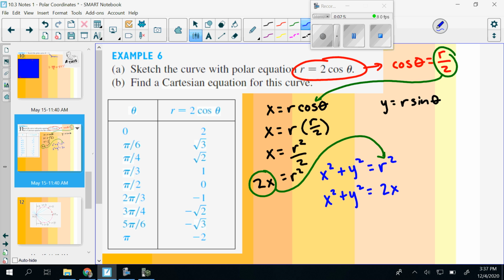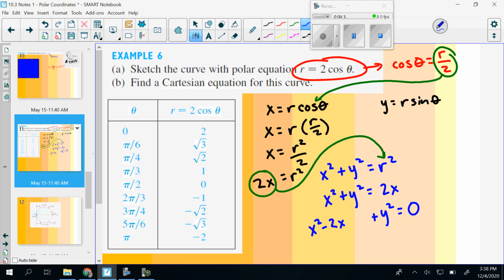So next thing we're going to do is move this around a little bit. We're going to bring that 2x over to the same side as the other stuff. So now I'm going to write it as x squared minus 2x, I'm going to leave some space here, plus y squared equals 0.